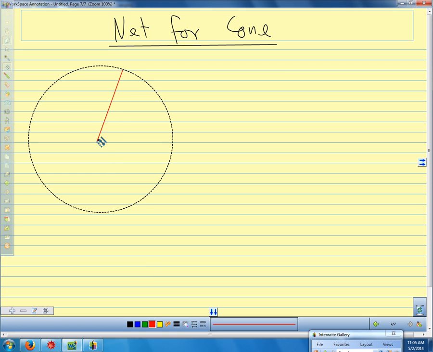I'm just going to cut a piece out of that circle, a wedge, like so. And this part that I've traced in red, that's my lateral surface for the cone.